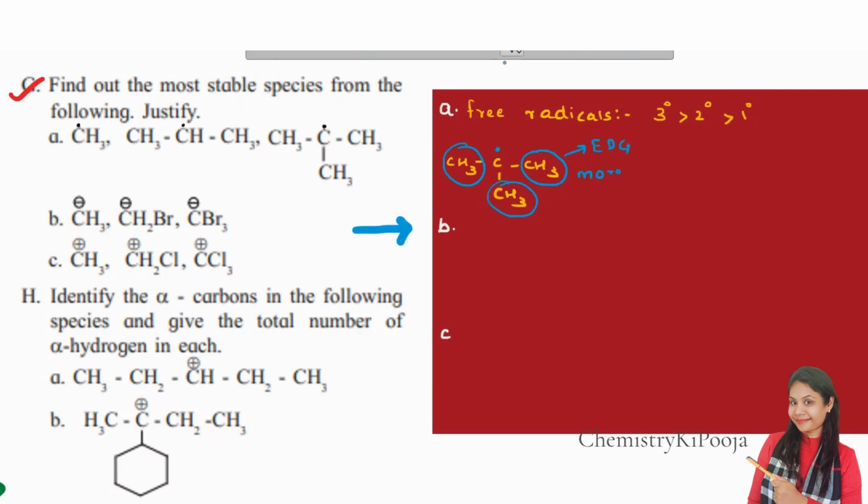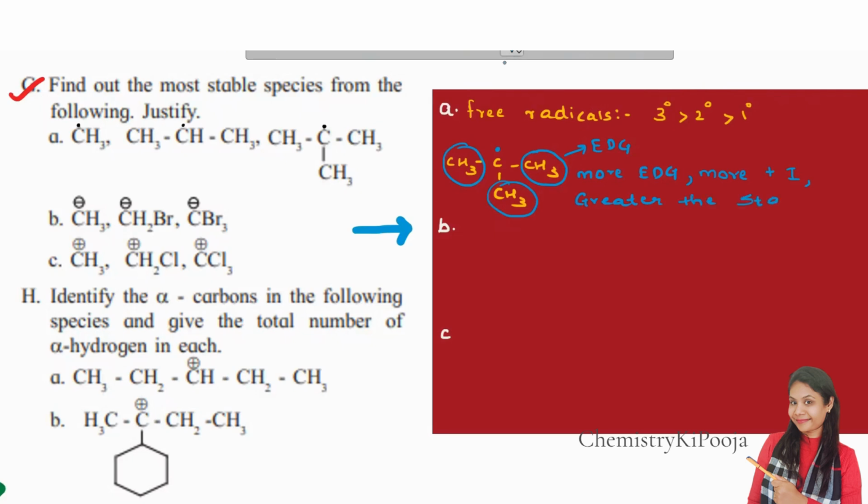The more electron donating groups present on the carbon atom, which is already electron deficient, the more electrons it gets. So the more alkyl groups, the greater the inductive effect, which is the plus I effect. And the greater the plus I effect, definitely the greater the stability.